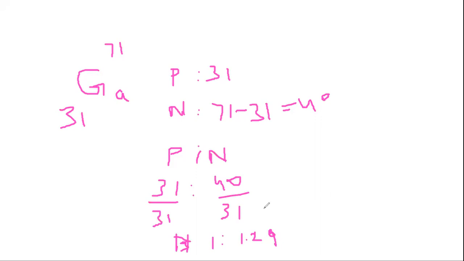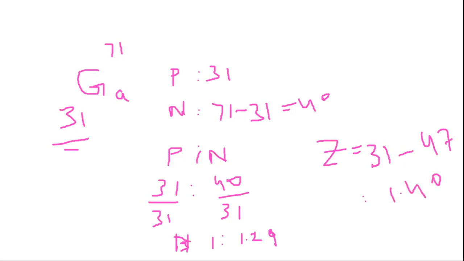Now, what is the final statement over here? You have to compare this ratio and look at the value. This is 31, and we have previously decided that when the atomic number is 31 to 47, the ratio should be 1.40 in this case.